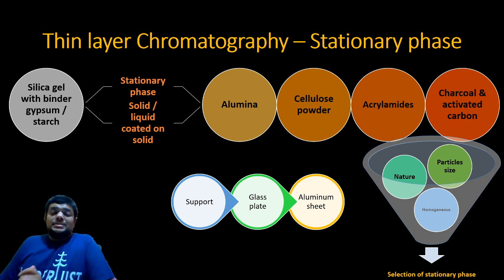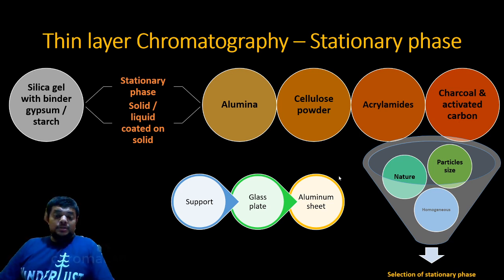Or you can even use starch nowadays, alumina, cellulose powder, acrylamides, and charcoal and activated carbon. These are a few very important solid stationary phases used in thin layer chromatography.